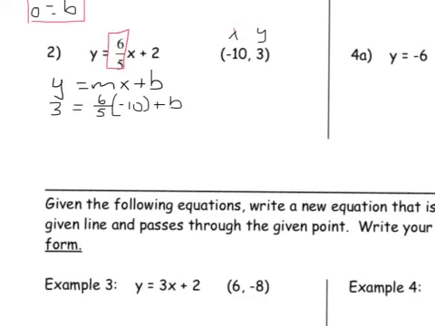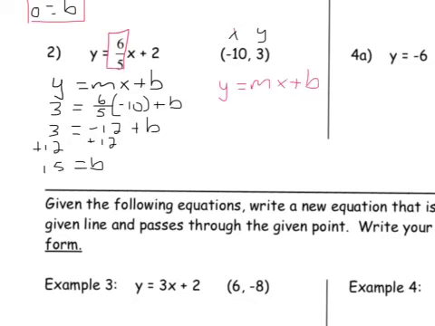Alright, so 3 equals 6/5 of -10. That's going to be -12 plus b. Add 12 to both sides, and we get b is equal to 15. So we'll use y equals mx plus b again to write our new equation.